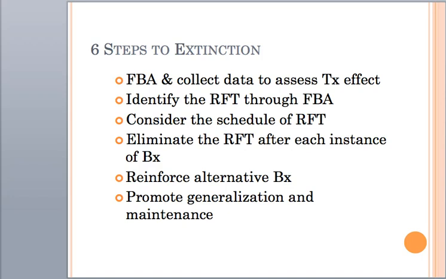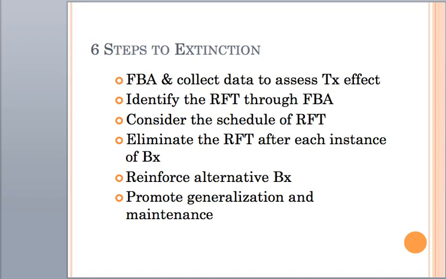You can facilitate that decrease by reinforcing alternative behaviors, by giving the client something else to do, and particularly alternative behaviors that produce the reinforcer that they use the problem behavior for. So if they're misbehaving to gain attention, giving them another way to gain attention can help facilitate the extinction of the misbehavior.